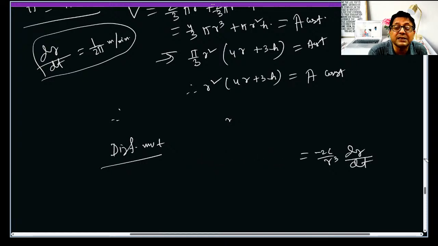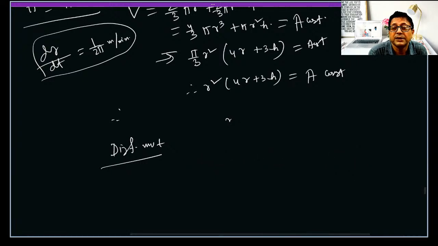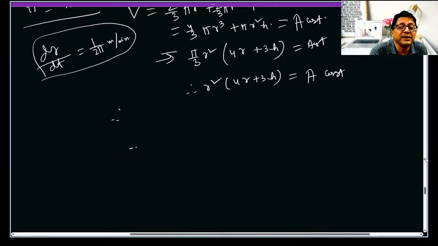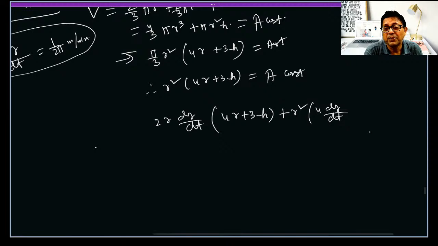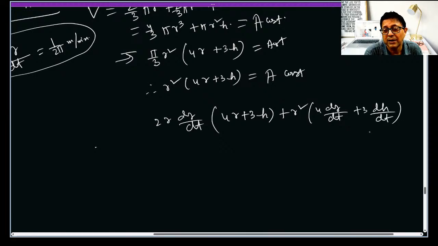You differentiate at this step only. Everything will be very clear. Just differentiate here. 2r dr by dt, 4r plus 3h, r square, 4 dr by dt plus 3 dh by dt. Isn't it?